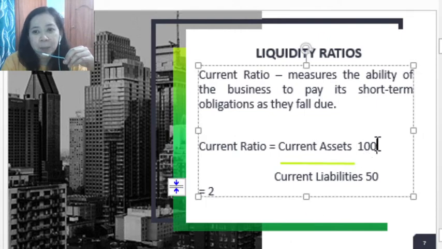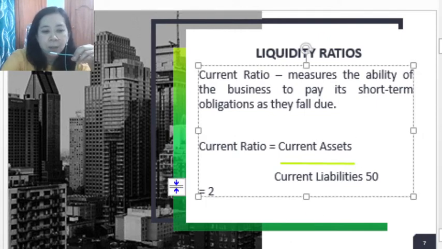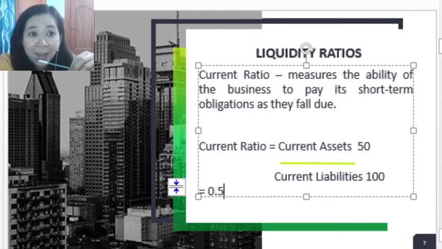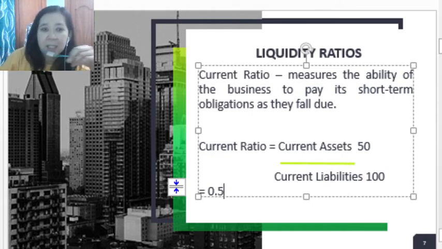But what if, for example, the current assets are only 50, while our current liabilities are 100? The answer for this is 0.5, correct? So what does this indicate?